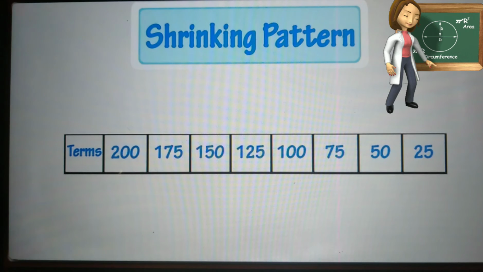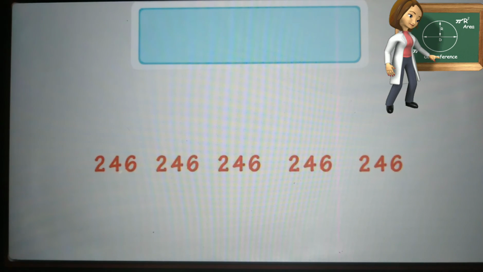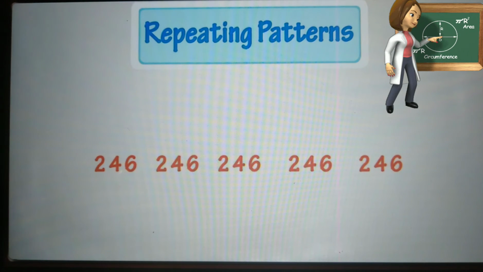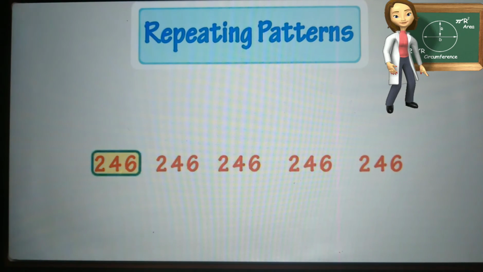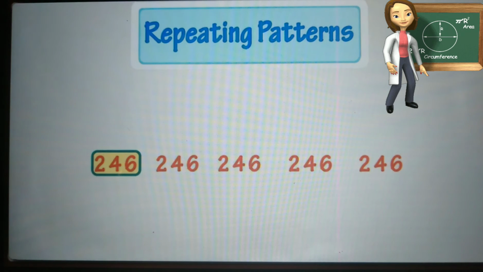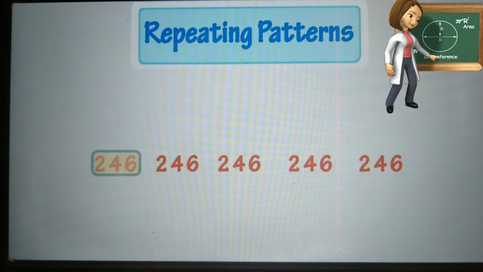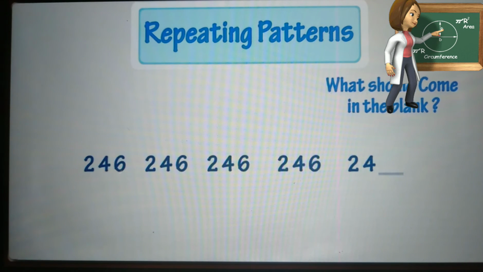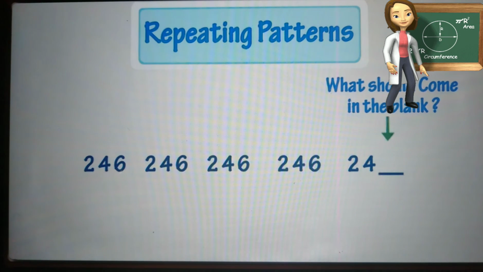Let's have a look at some other type of patterns. They are repeating patterns. Here, the numbers 2, 4, 6 are getting repeated. So, it's a repeating pattern, as the numbers 2, 4, 6 are repeating. What should come in the blank space here?